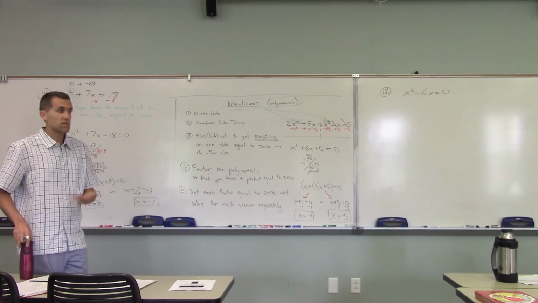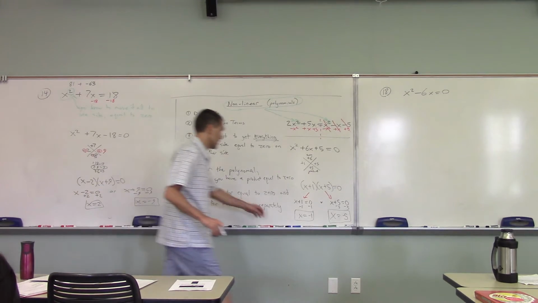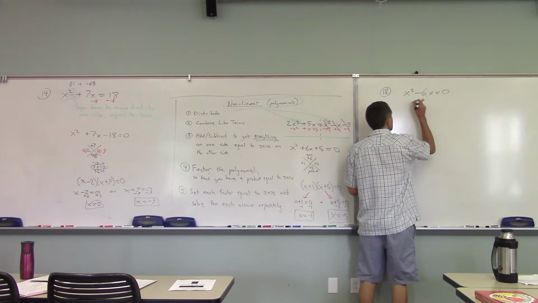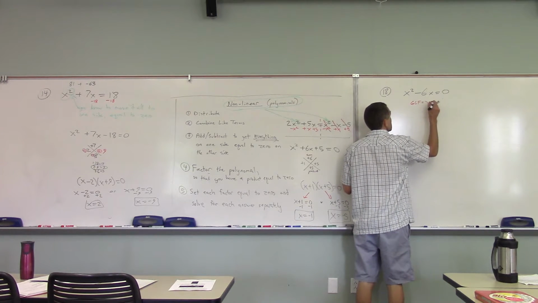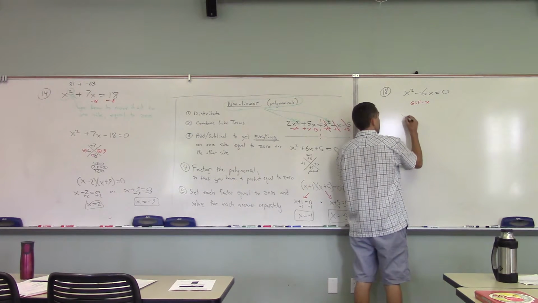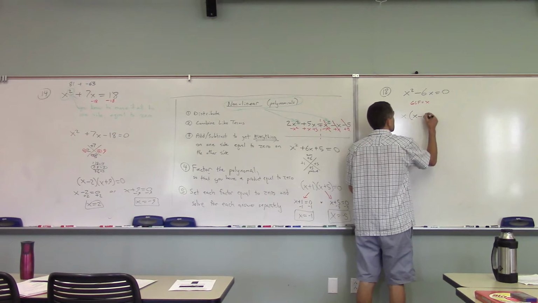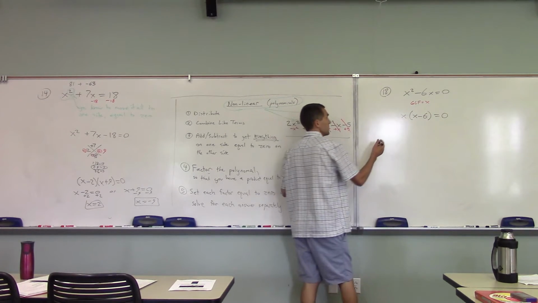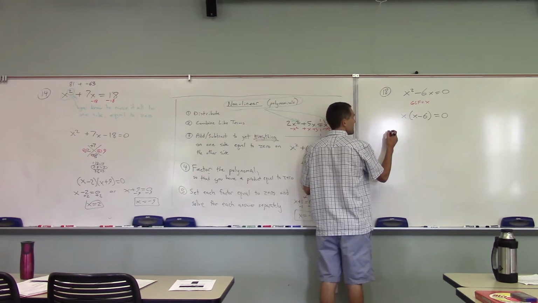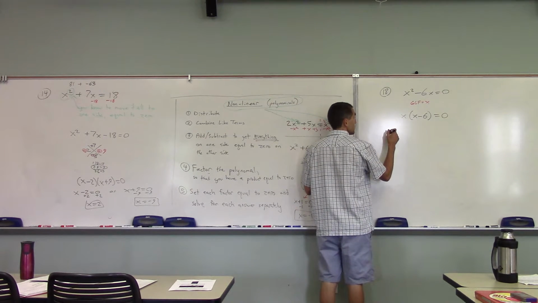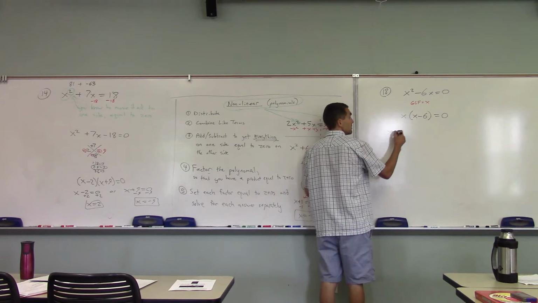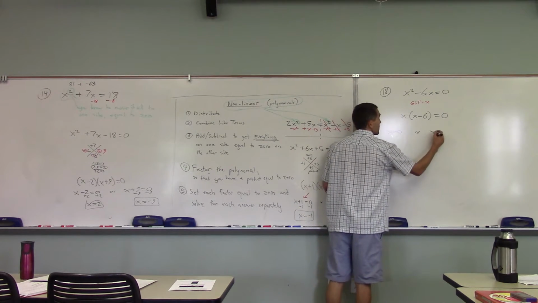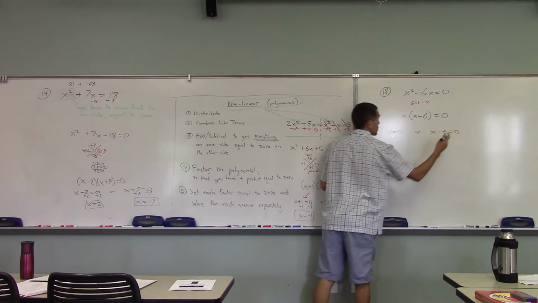So as Frank said, we start with the GCF, which is? Yeah, so GCF is x. And so we get x times x minus 6 equals 0. And then? It would be x equals 0 and x minus 6 equals 0? Exactly. And this should be no different.